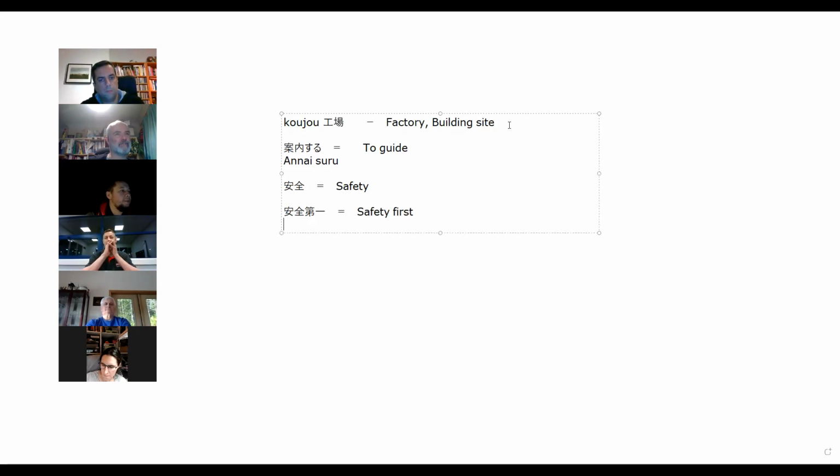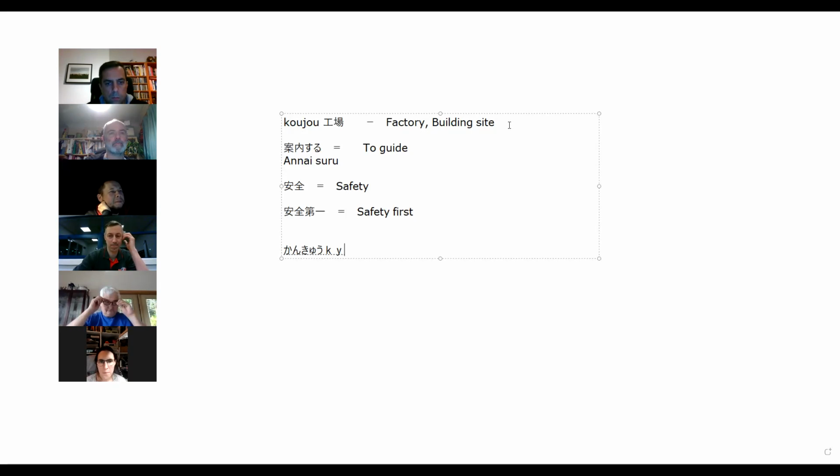And there are lots of these kind of 4-character phrases, like in fact, you know them from Iaido as well. Kan, kyu, kyo, jaku. What else is there? Yeah, there's lots of them anyway.